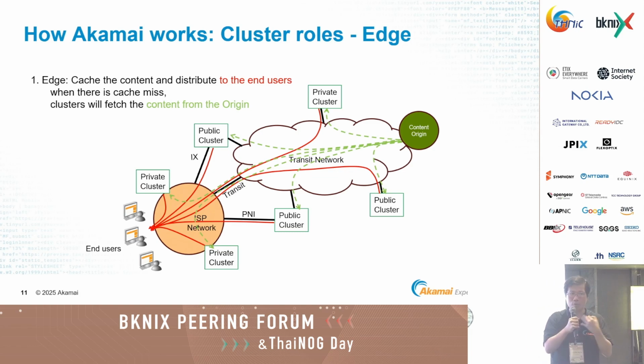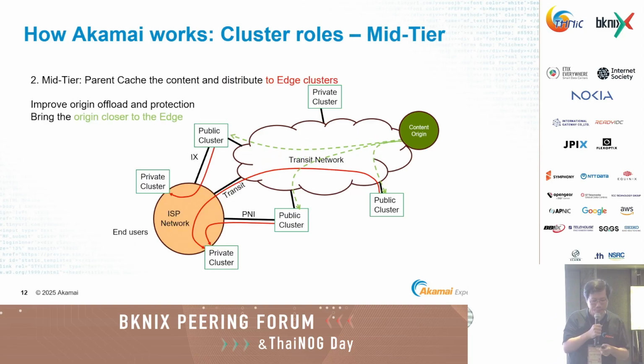So this is out of our control. But basically, when a user requests content from the edge server, it needs to have the content. If it doesn't, if it's a cache miss, then we have to fetch it from the origin. You see that we also have a lot of those green colors. Those are the cache fill traffic.